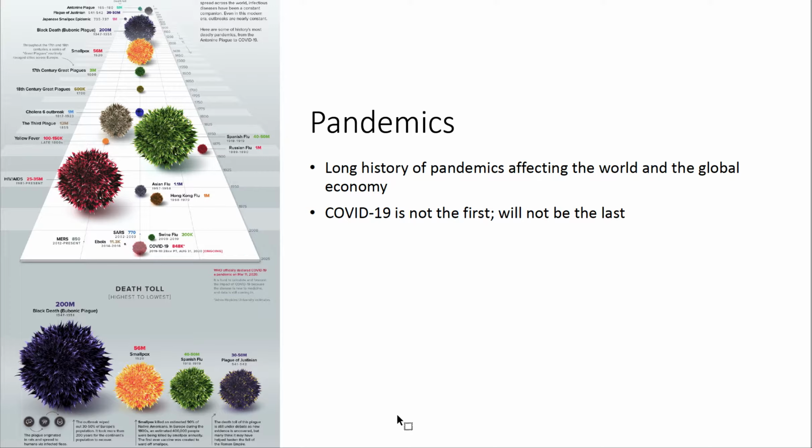It's definitely not been just the flu. It's been much worse than Ebola. It's been worse than SARS and some of the more recent ones. But you can see that these viruses have been around a long time. And by some estimates, they will continue, especially these animal-borne viruses like COVID-19, well into the future.